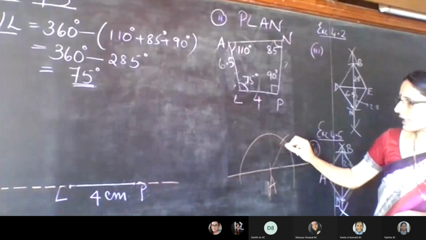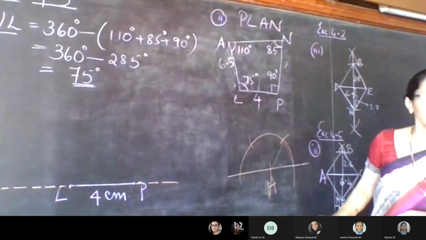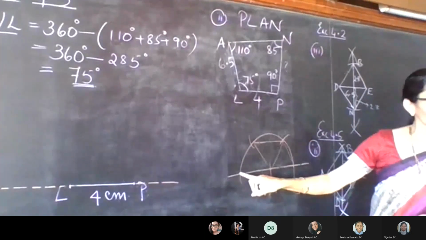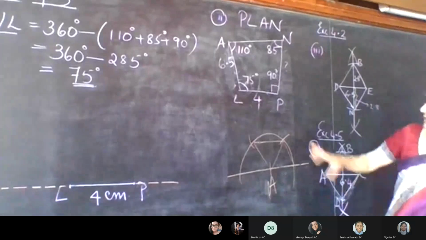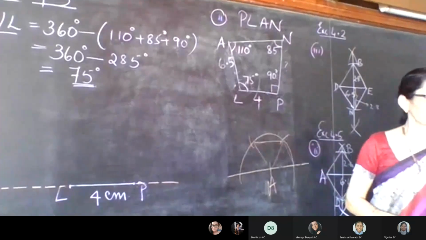So you got one equilateral triangle kind of thing. Another time you cut, another equilateral triangle is obtained. So the third one is already there. Now this is 60, this is another 60, this is another 60.